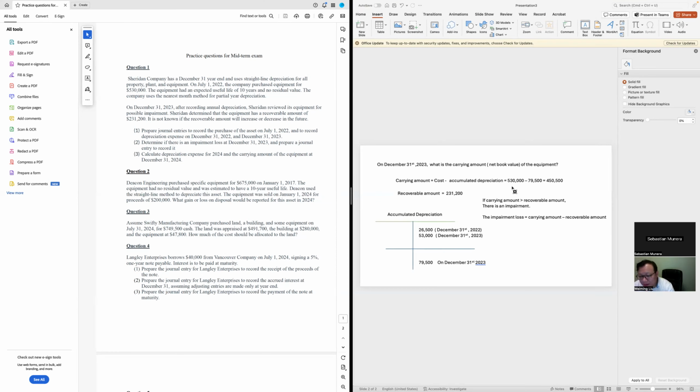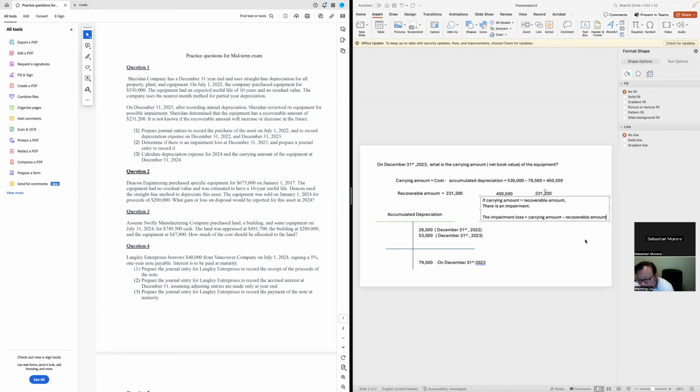Okay, so in this case, my carrying amount is 450,500, and my recoverable amount is 231,200. So my carrying amount is actually greater than the recoverable amount, so there is an impairment.